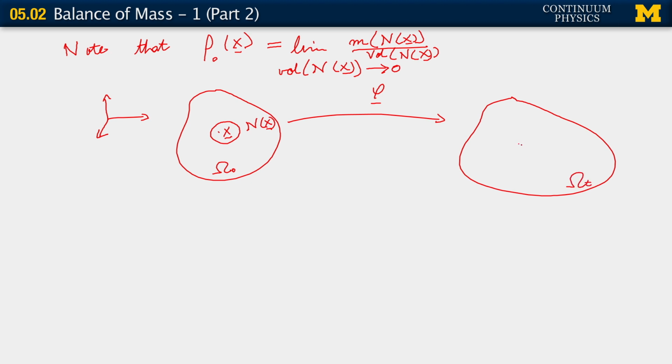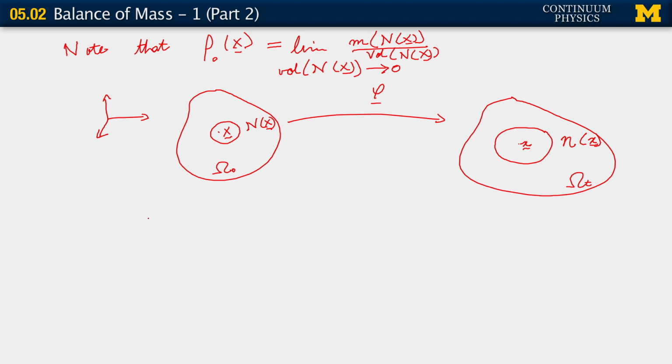We have that point little x, and obviously I draw the neighborhood as being bigger. I'm going to use the same symbol. Well, no, maybe I should use a different symbol. So I'm going to use that script little n about little x as the neighborhood in the deformed configuration.